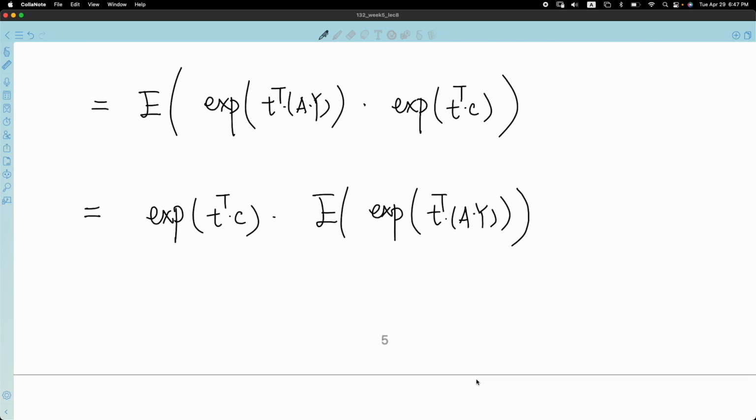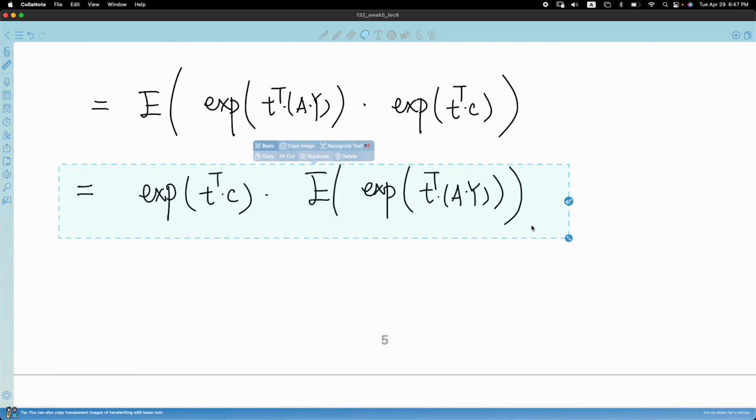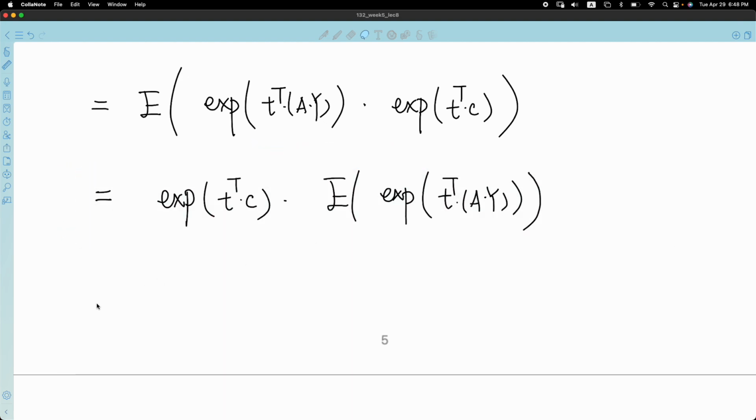Now let's do a regrouping. I'm going to group t and A together and call it t star. Same trick, and this is still the constant part, then the expectation of the exponential.